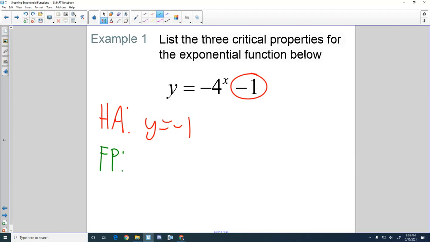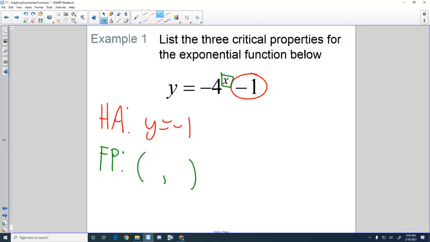The first point, where is this located? So this is a point, meaning it's going to be an x and a y. I need my coordinates to plot this point on the graph. I look at the x, and I check, hey, is there anything being added or subtracted to this x? If there is, you would flip that sign.